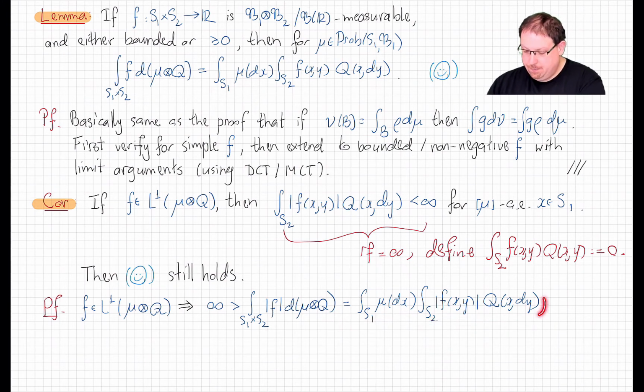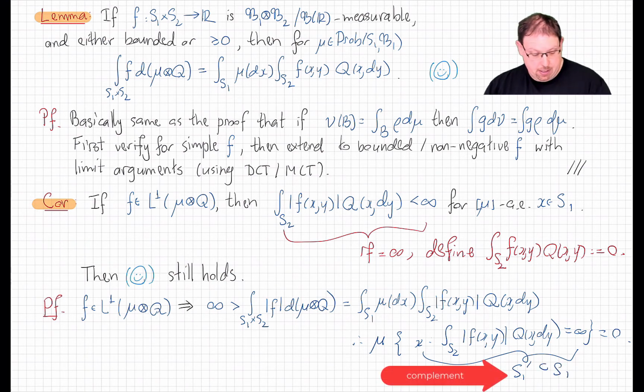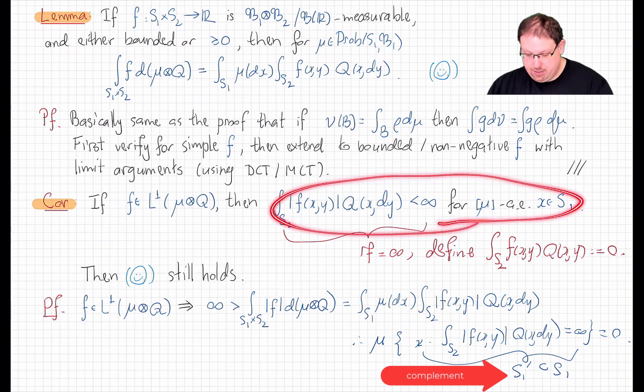So that means that this measurable non-negative function of x in here integrates to a finite number against the measure mu, and it follows from there that this probability measure mu assigns to the set where that integral is infinite measure 0. Let's define that set of x's to be S1 prime, which is a subset of our sample space S1. So S1 is what witnesses this property of the statement right here.